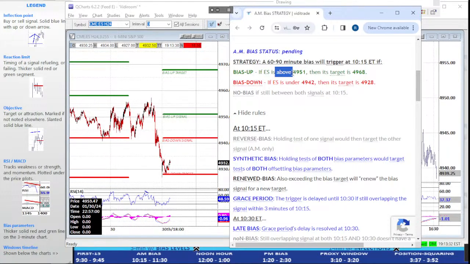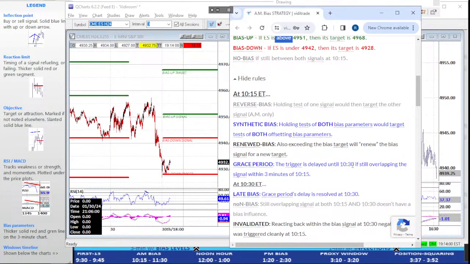Much more commonly, a bias signal will hold its test through the first 15 minutes, or through the first 45 minutes at 10:15, and put into play an offsetting test of the opposite. It doesn't have to be bias up or bias down. It can be a reverse bias. And that's a much more common setup that we see trigger.